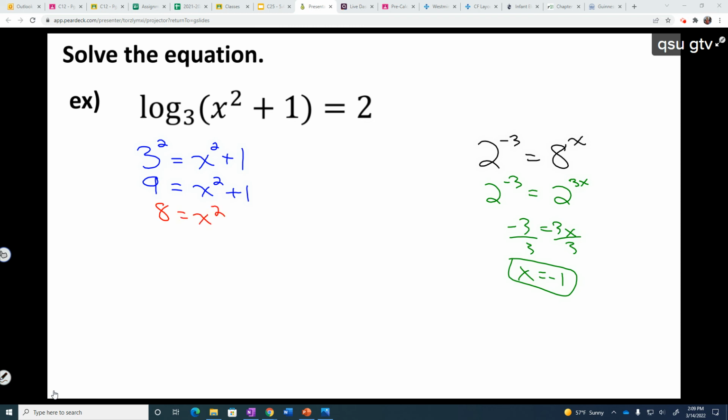Square root it. And this is plus and minus the square root of 8. But can anybody simplify that? Square root of 8. Well, no, that would be 2.8. Well, not as a decimal. How do you simplify a square root?